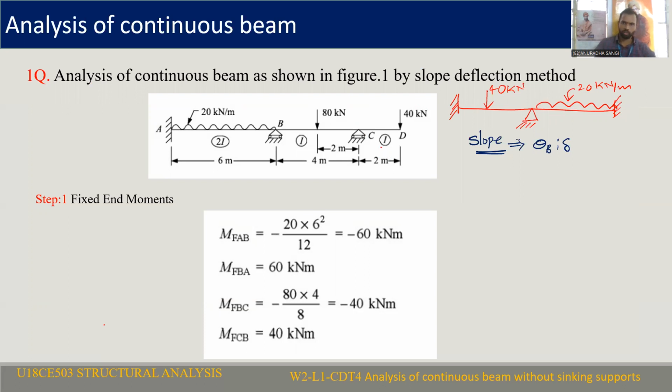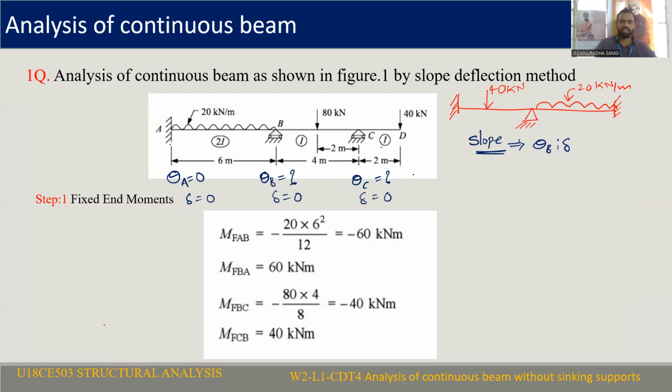If you observe, theta at A is 0 because it is a fixed support. Theta B is unknown, and theta C is also unknown. Those are the unknowns. And the delta for all the supports A, B, C, D is 0.